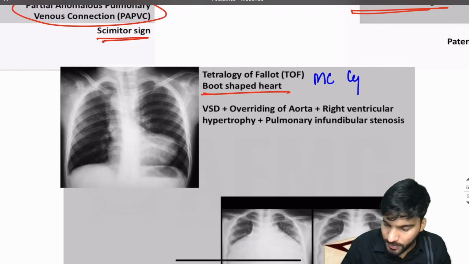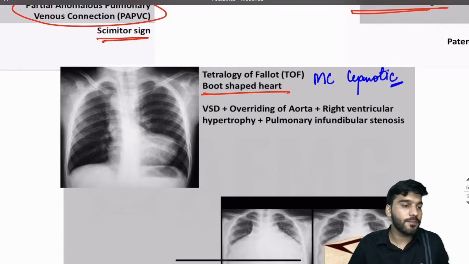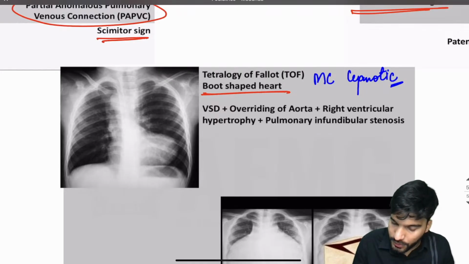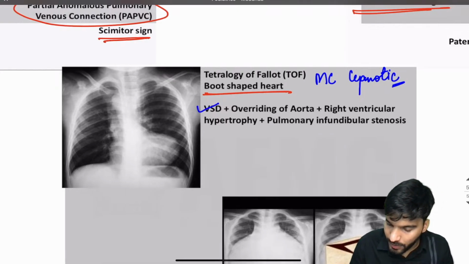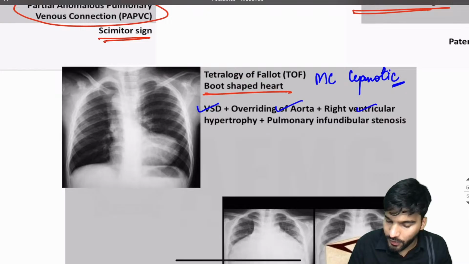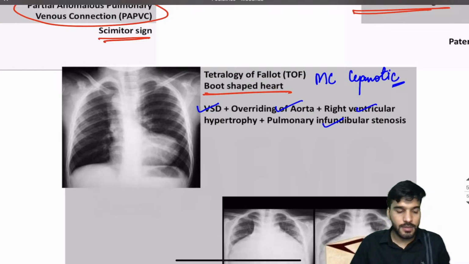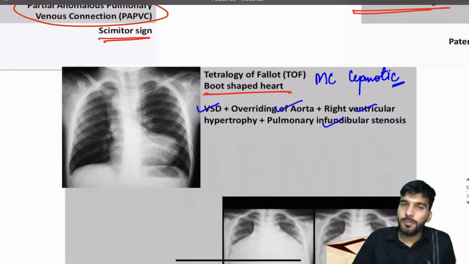We have 4 things: VSD, overriding of aorta, right ventricular hypertrophy, and pulmonary infundibular stenosis, or pulmonary stenosis.